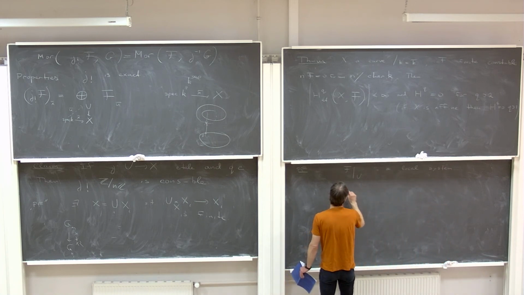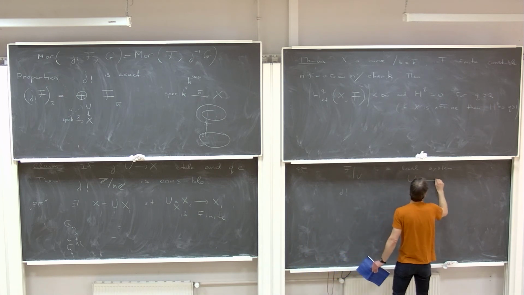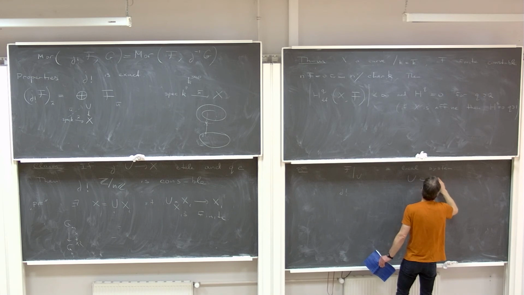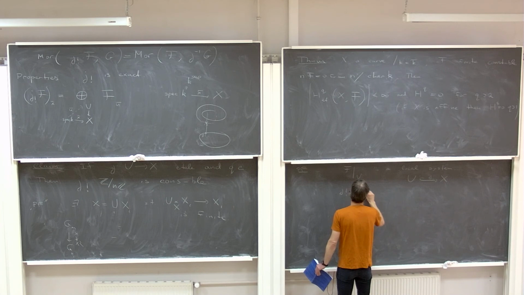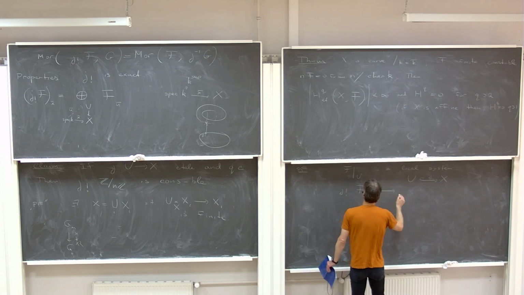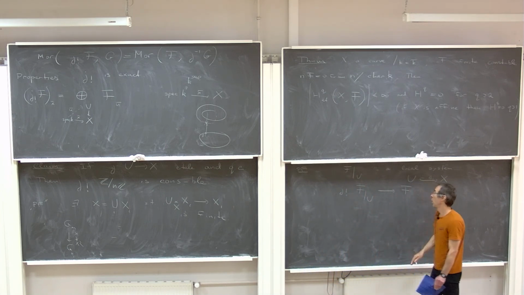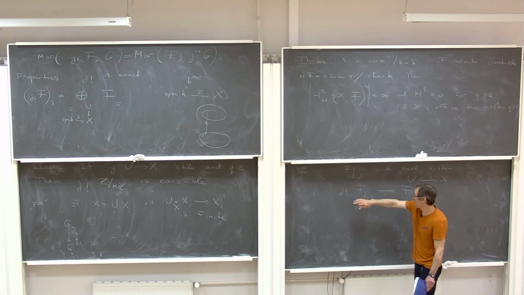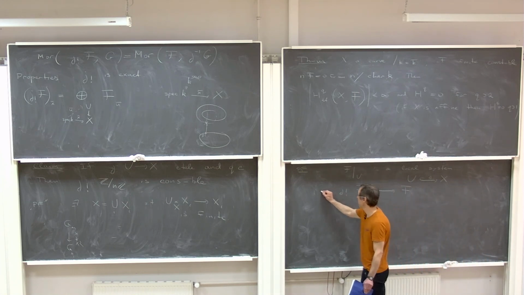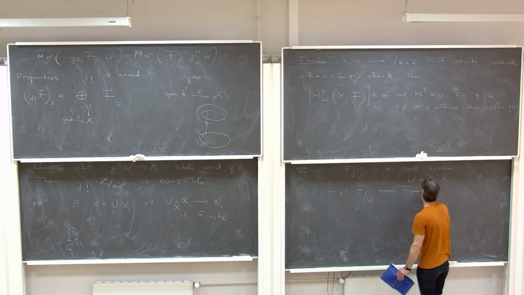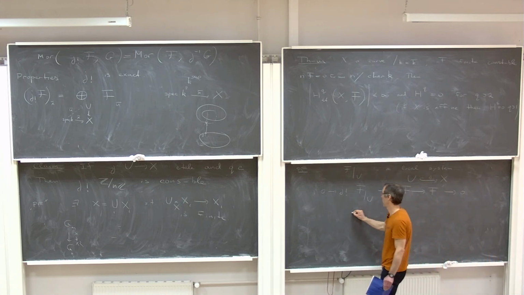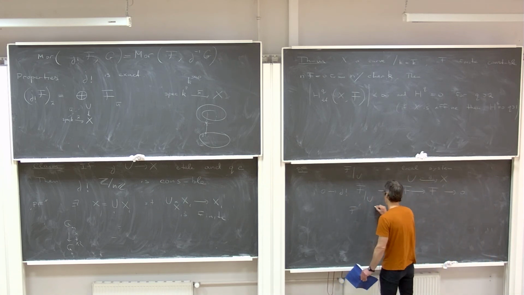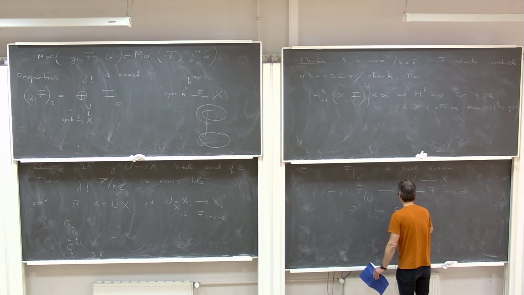Then j_! of this, by adjunction, maps to F. This is an embedding, and in this exact sequence, F prime has finite support.